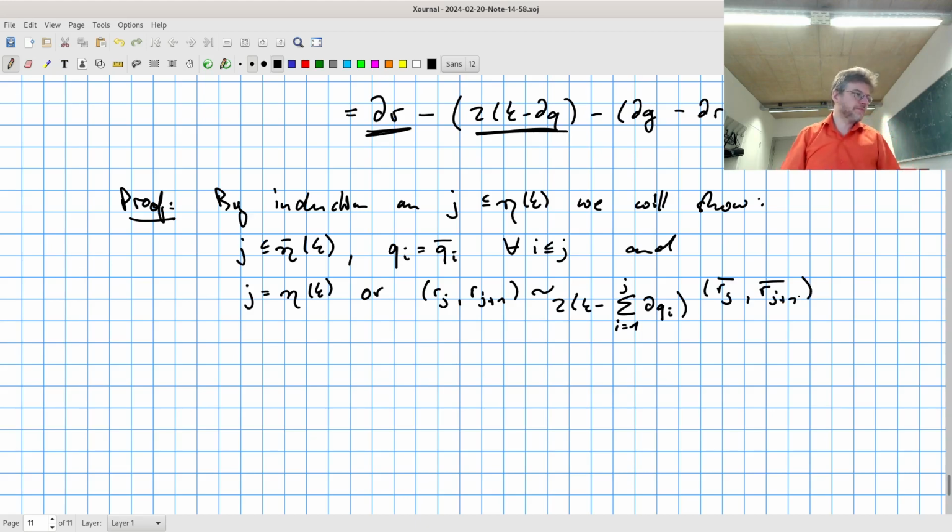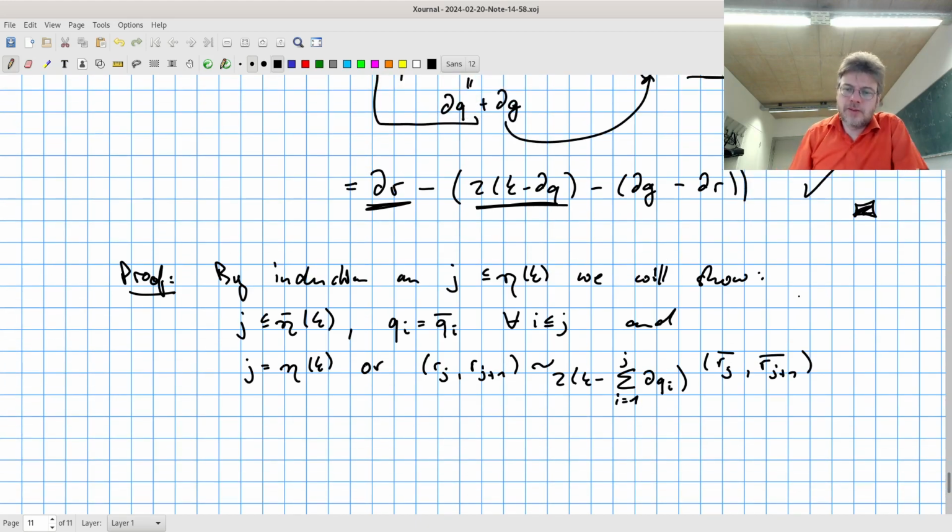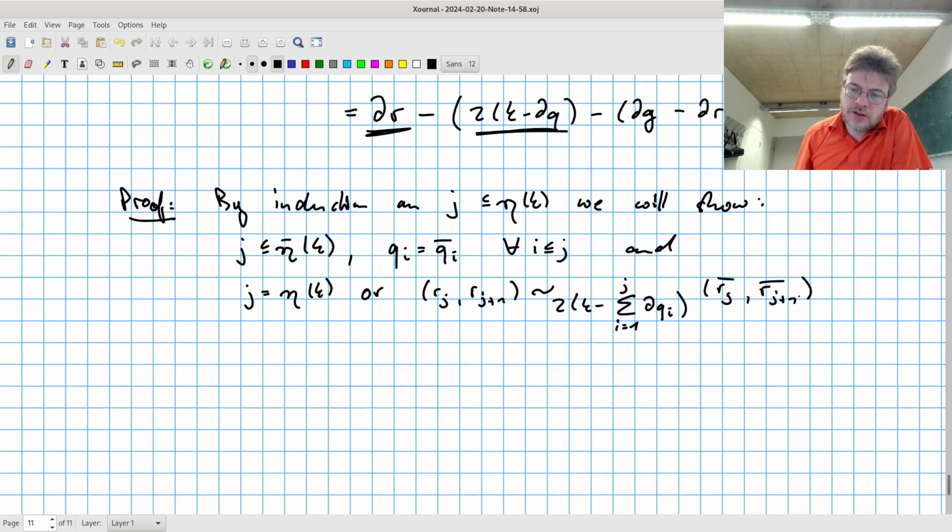Okay. This is prepared in such a way that once we have shown this for all k up to and including eta of k, then from this the theorem will follow as it is stated.